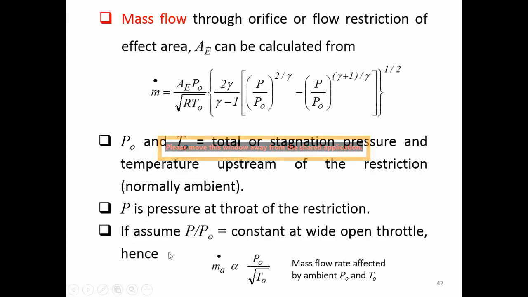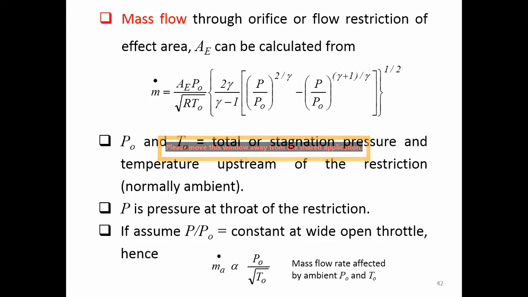Now, let's assume that the pressure at the throat divided by the total ambient pressure is constant. When we wide open our butterfly valve or throttle valve, we have no other restriction of the mass flow except at the throat of the restriction area.